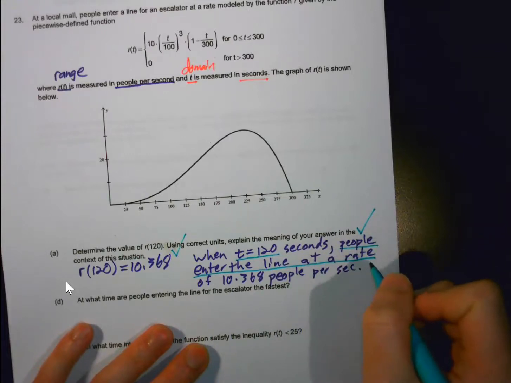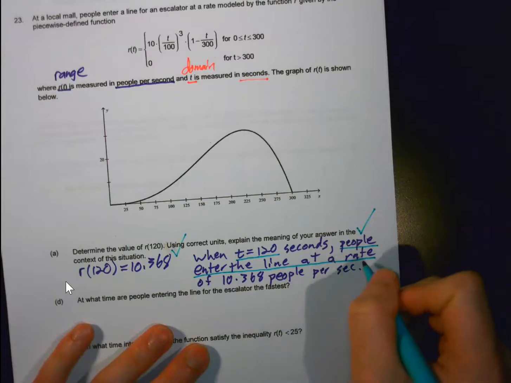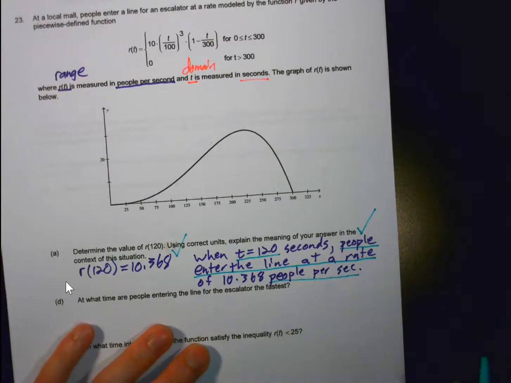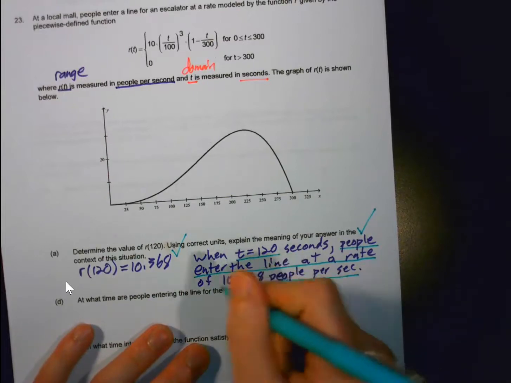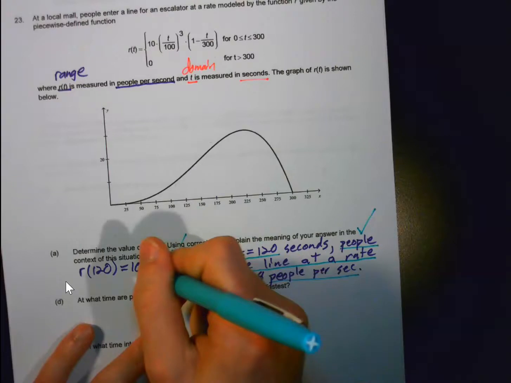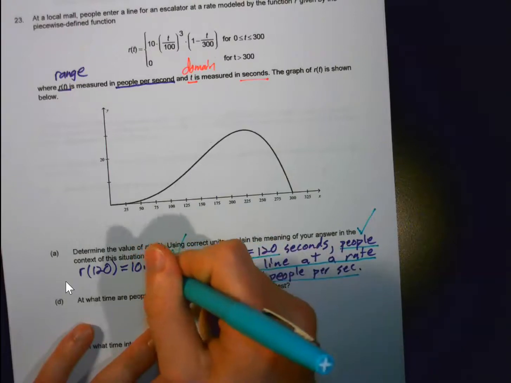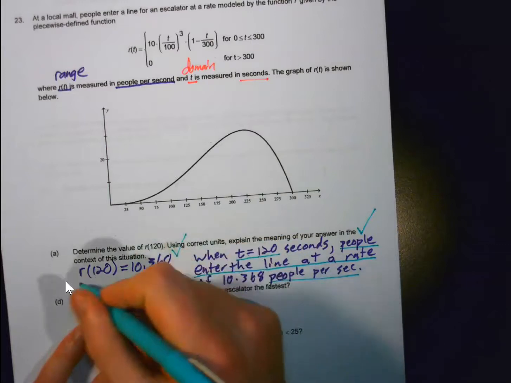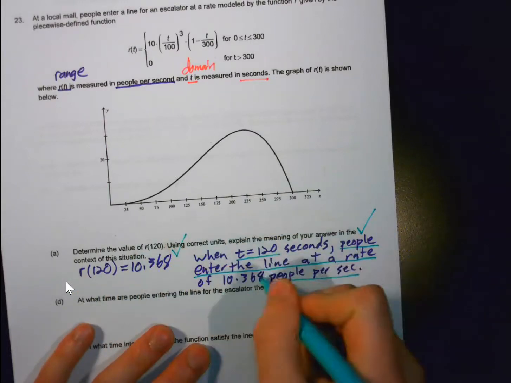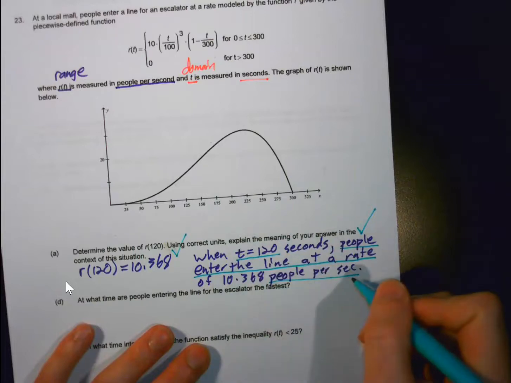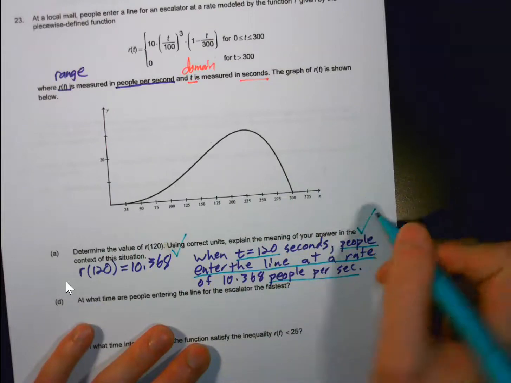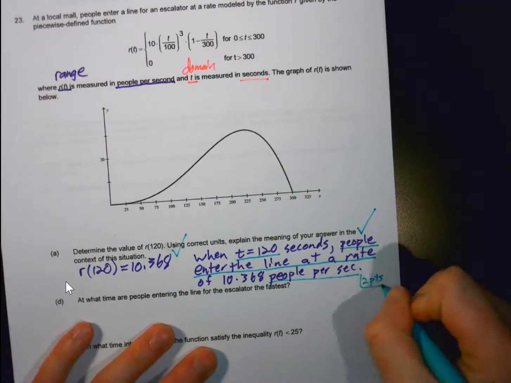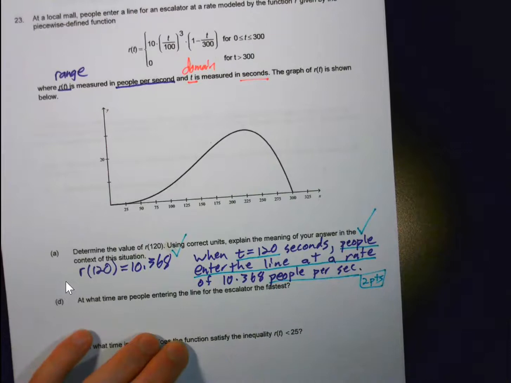It's not just how many people have entered the line, it's the rate at which they enter. You also need the units, people per second, and the 10.368 needs to match whatever your value was over here. So even if you didn't get the first value, if that number appeared here and everything else was correct, you could still have gotten the second point. So this was 2 points total for that first one.